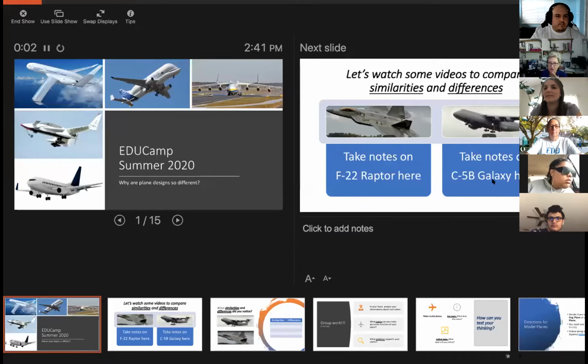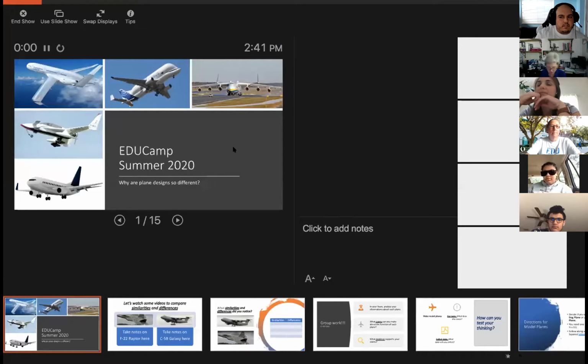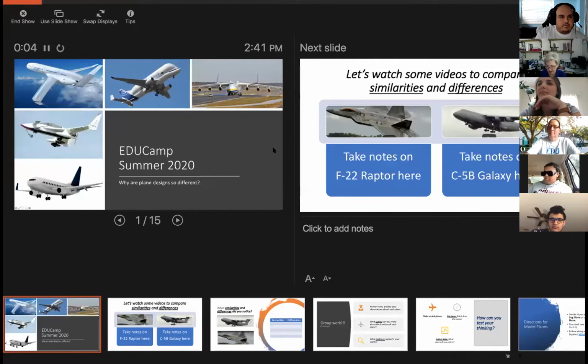Play from start did not work. It's showing it like if you were putting it on an overhead or something, and this was a computer view.